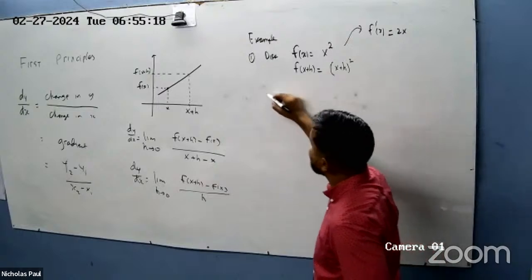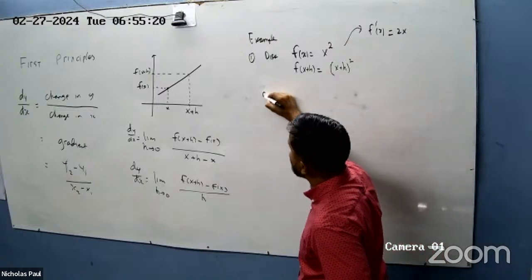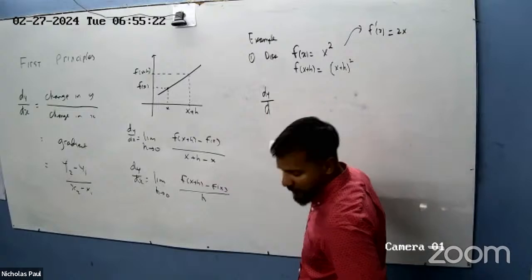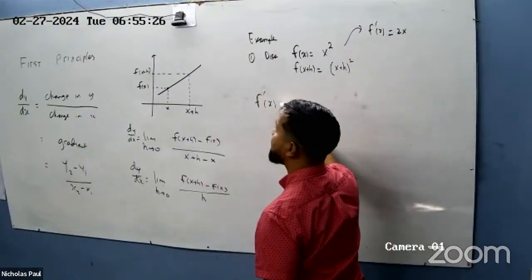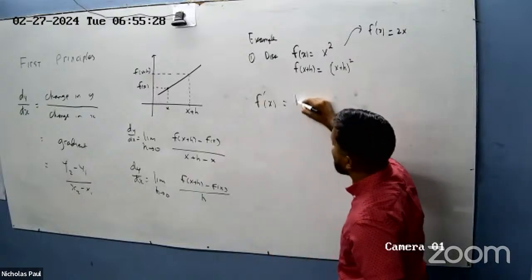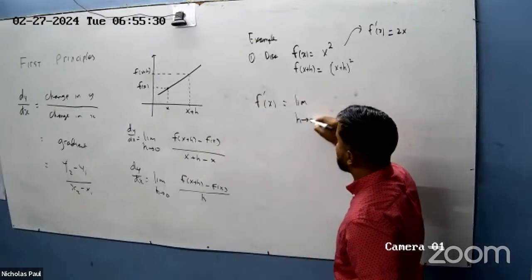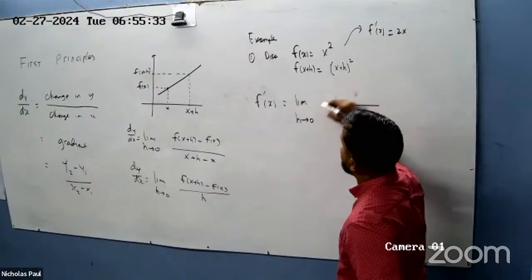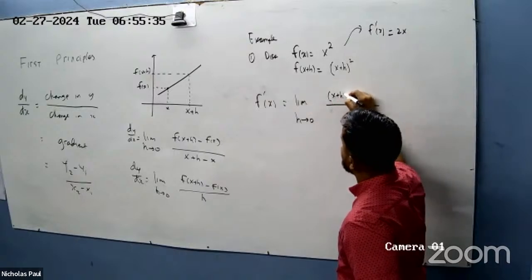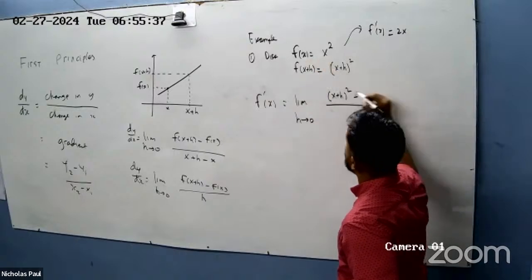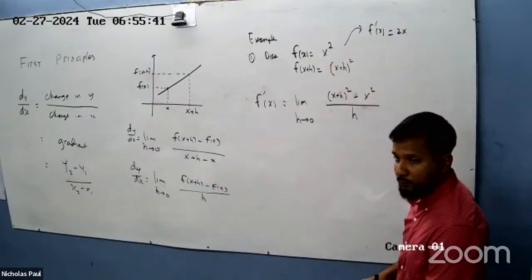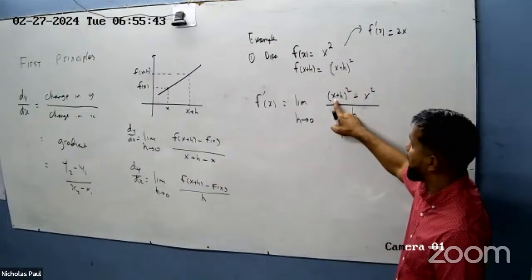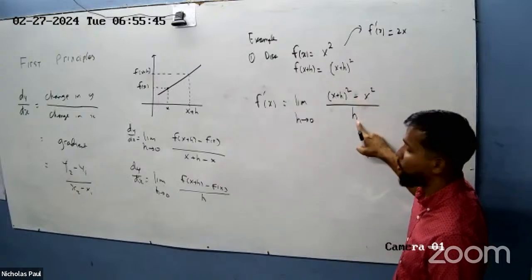So we're going to apply it now. The differential f prime x is equal to the limit as h approaches 0 of f of x plus h minus f of x all over h.